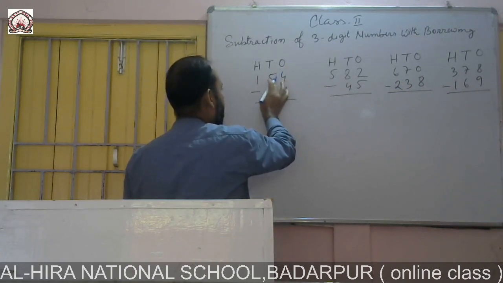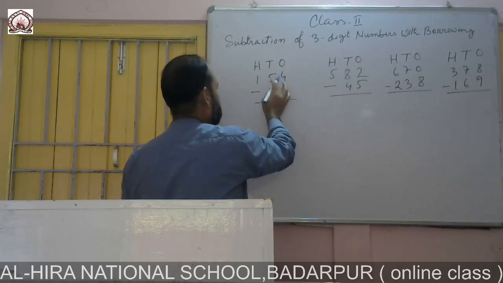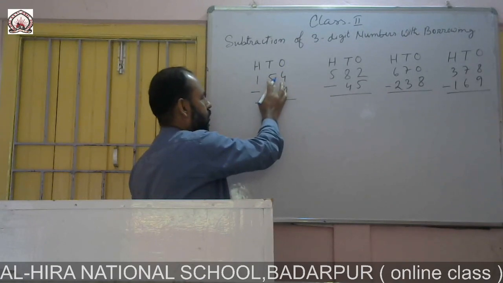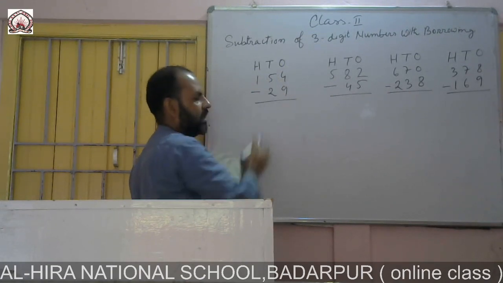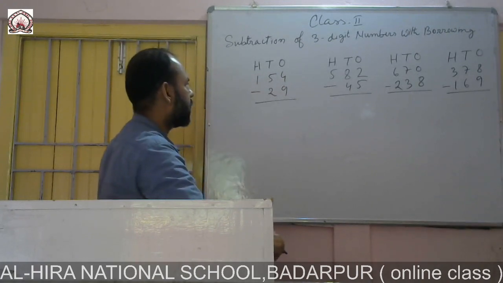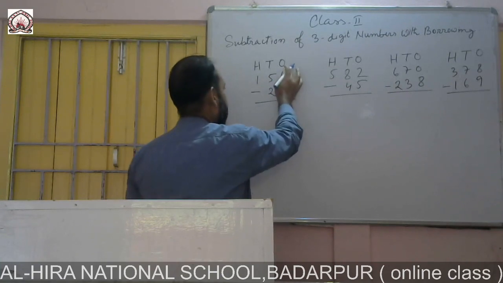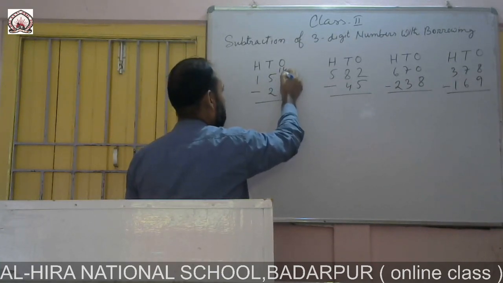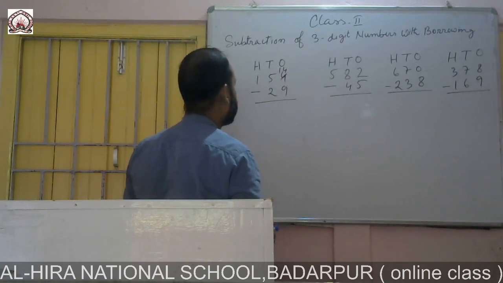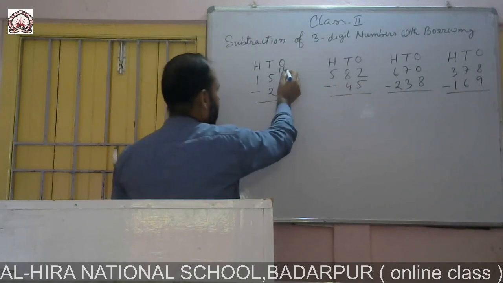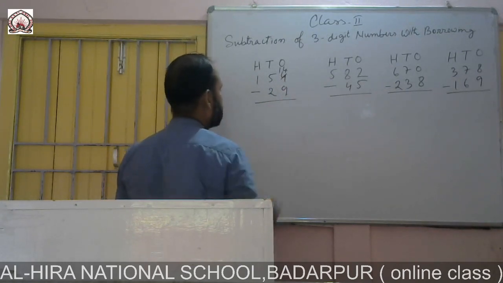We borrow 1 from this 5. This 5 is in which place? It is the tens place. So if we take 1 from there, we take 1 ten. 1 ten is equal to 10, and therefore here it is 14, not 4. So 14 minus 9.